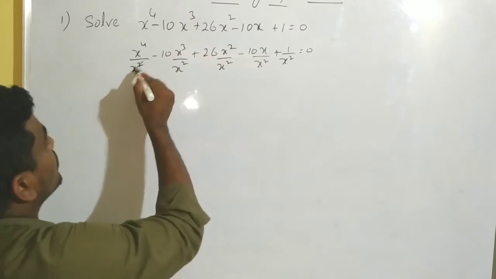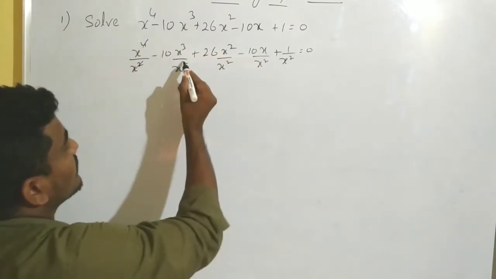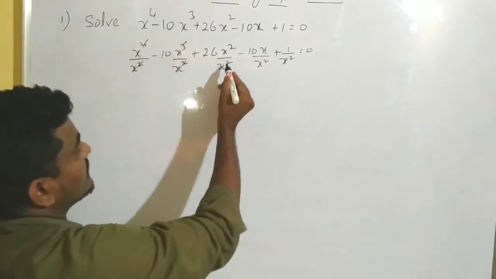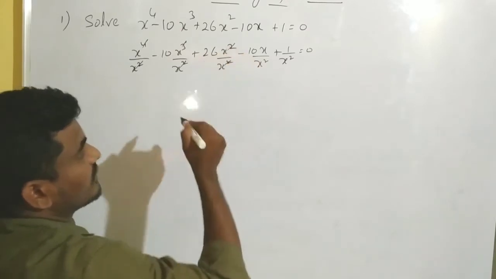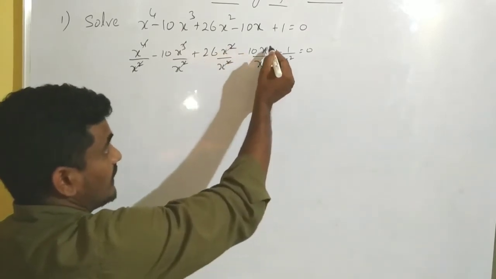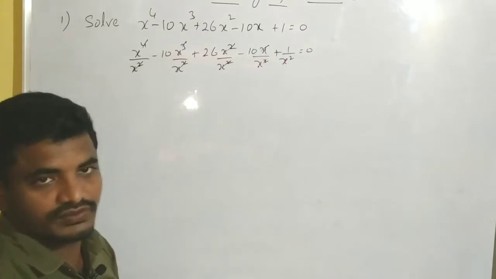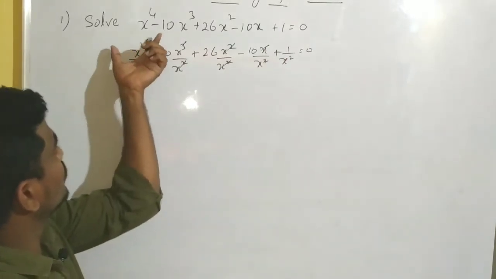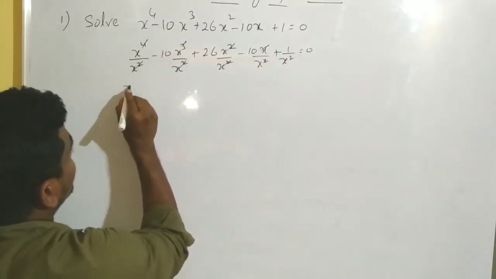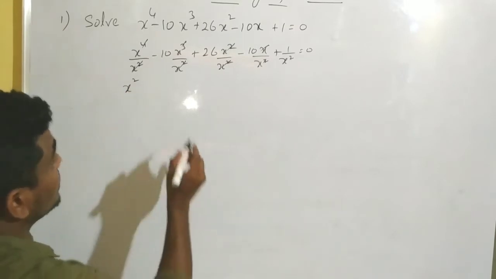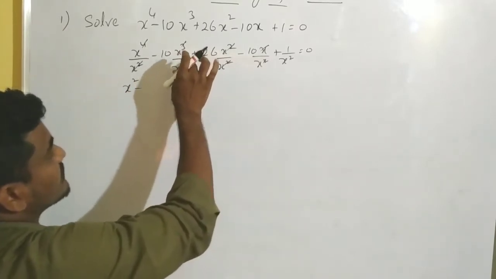Here x square gets cancelled, and in the first term 2 more x's are left, so we can write x square.